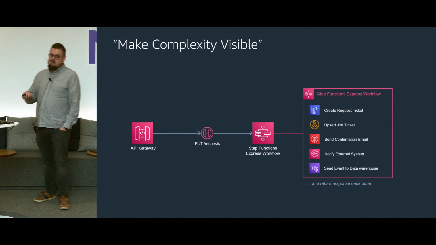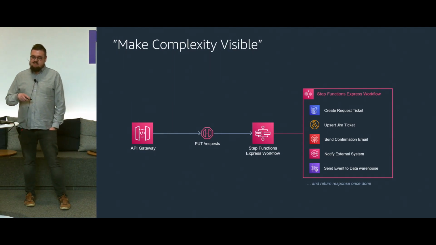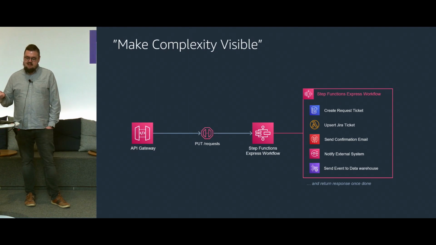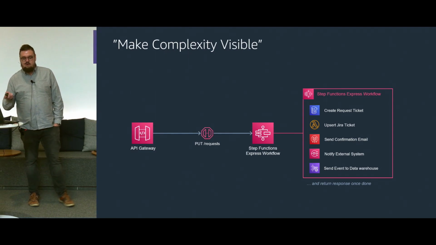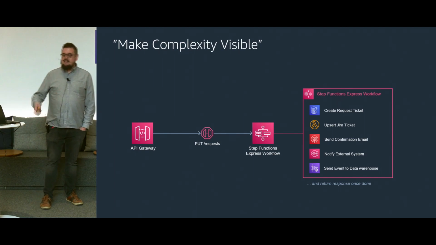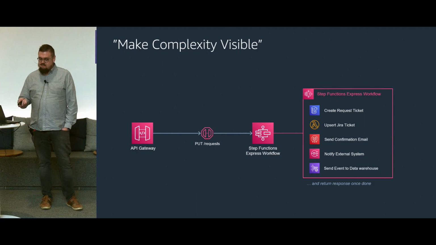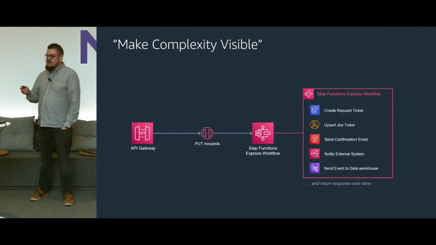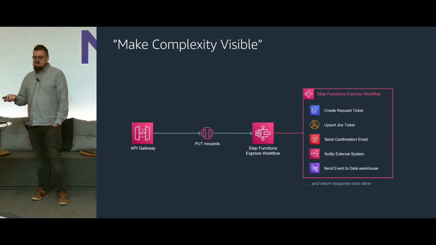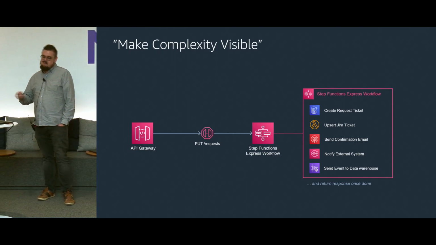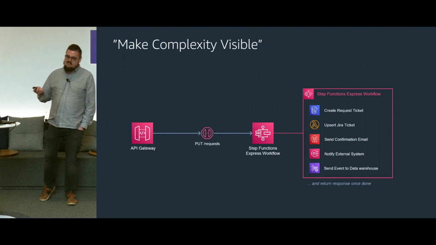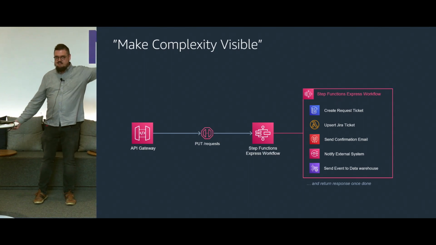And in this example, the API Gateway is actually triggering an Express Step Functions workflow in a synchronous mode. And that will do all that stuff within the workflow that I mentioned, and then it will return the response. So this may be a bit better from the sort of making the complexity visible, and maybe there's potential for fewer bugs because you don't have that massive Lambda function.